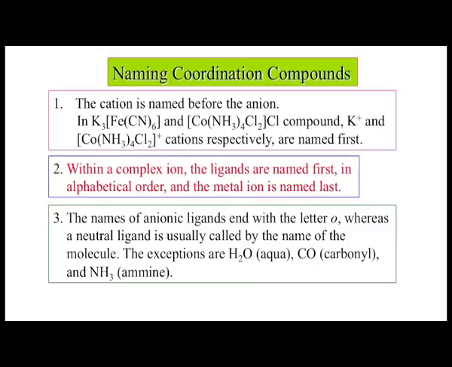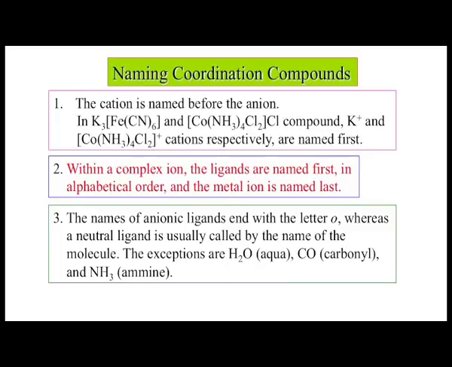Like our naming of simple inorganic salts such as sodium chloride, we say sodium first, that means the cation is named first and then the chloride. So, we call them sodium chloride. Similarly, for these coordination compounds the cation is named first and then the anion. So, if we have K3[Fe(CN)6] and [Co(NH3)4Cl2]Cl, these compounds we have been seeing for the last 2 classes, and all the time we are taking the example of these cobalt amine compounds containing some chloride groups.